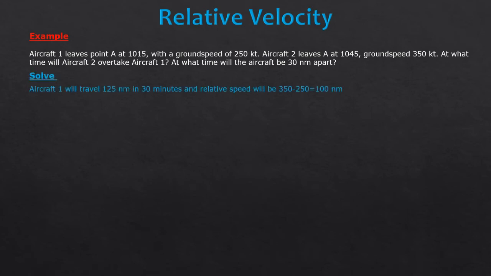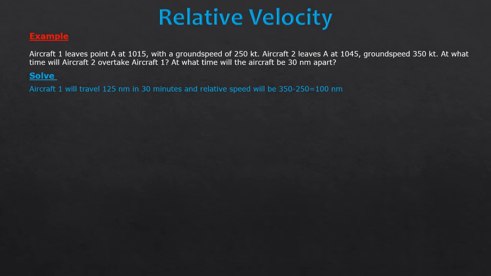Aircraft 1 will travel 125 nautical miles in 30 minutes. Because the ground speed is 250 knots, meaning in 60 minutes the aircraft will travel 250 nautical miles.